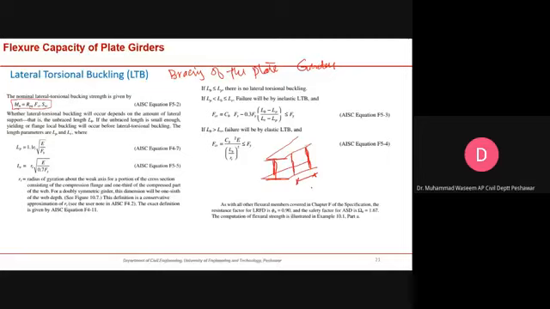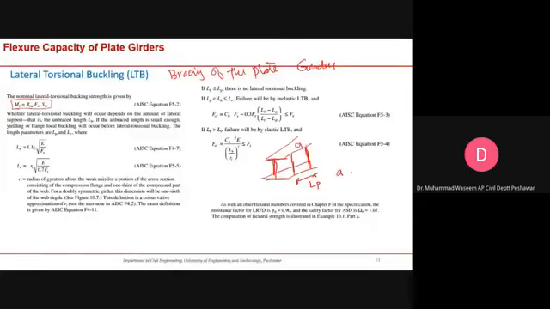If A is equal or less than LP, so there will be no LTB. Okay, if it is greater, then you might have a buckling problem.